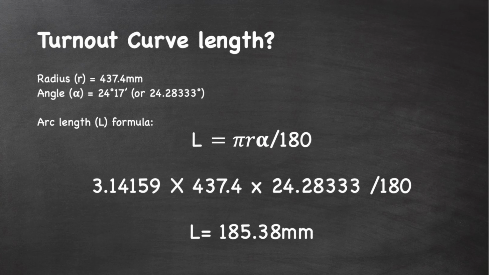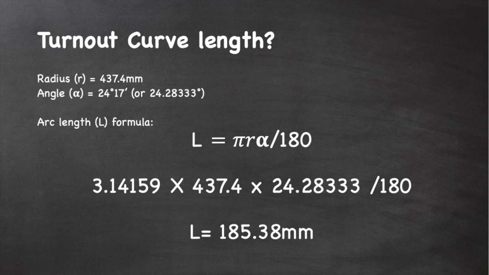So we need to calculate the length of each curve. We'll start with the turnout curve. We know that radius 2 measures 437.4 millimeters, and we know the curve should measure 24 degrees 17 minutes, which equates to 24.28333 degrees in decimal.